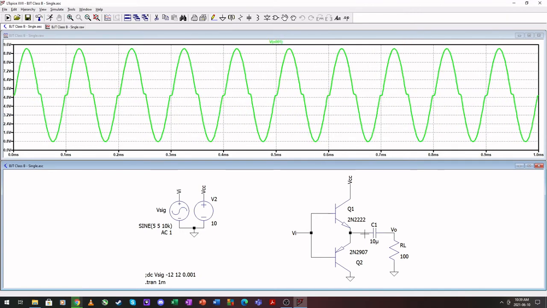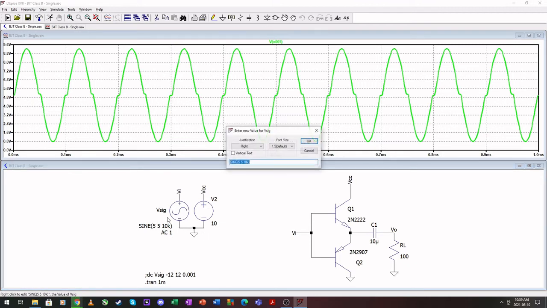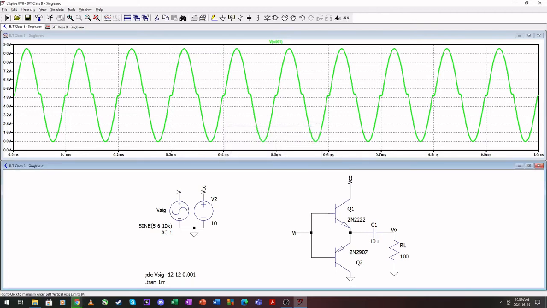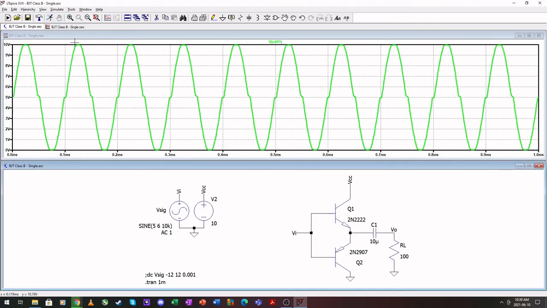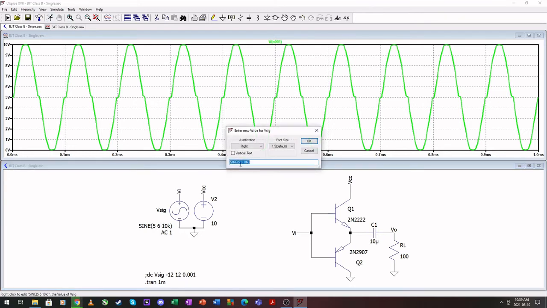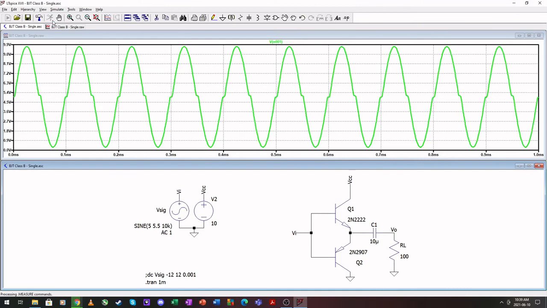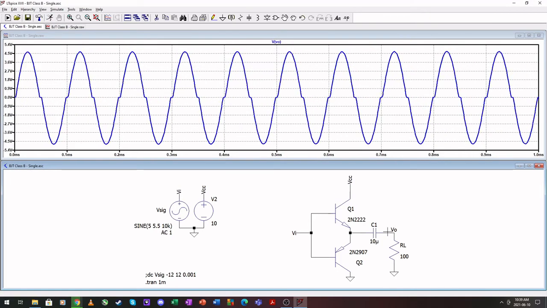So here's our normal signal. We can probably increase this input a little bit. Not that much. Call this 5.5. We can get decent outputs even for a single rail application.